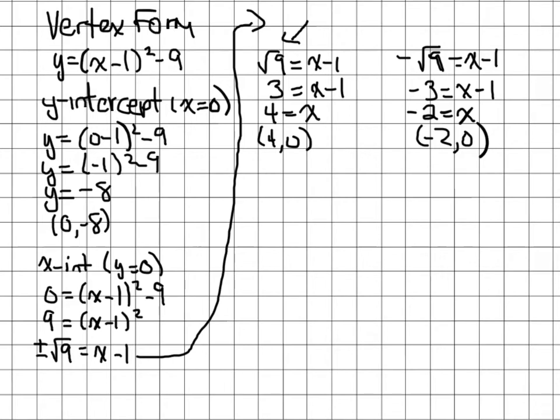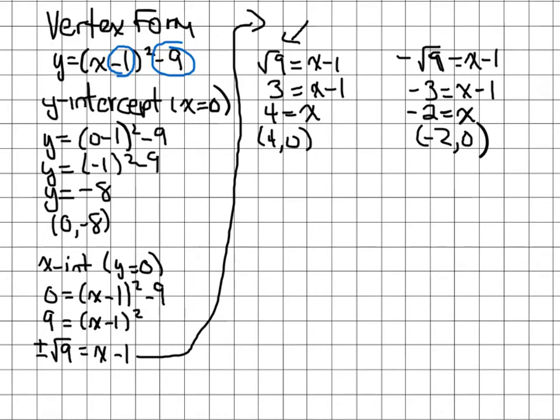So we have the y-intercept, we have the x-intercepts. Now we need to pick out the vertex. And since this is vertex form, the vertex is fairly easy to pick out. So how it works is this here will be the y-coordinate of the vertex, and this here is the x-coordinate of the vertex, but the sign changes.